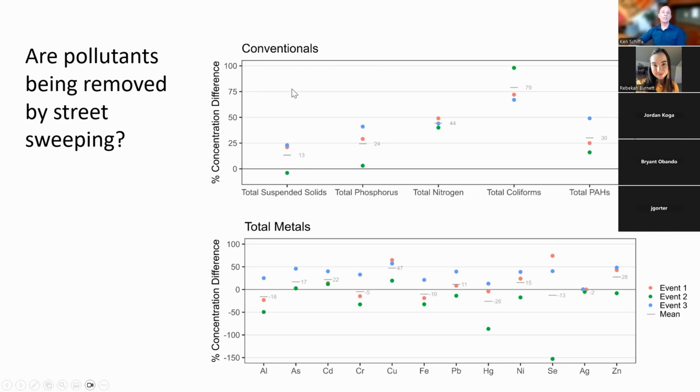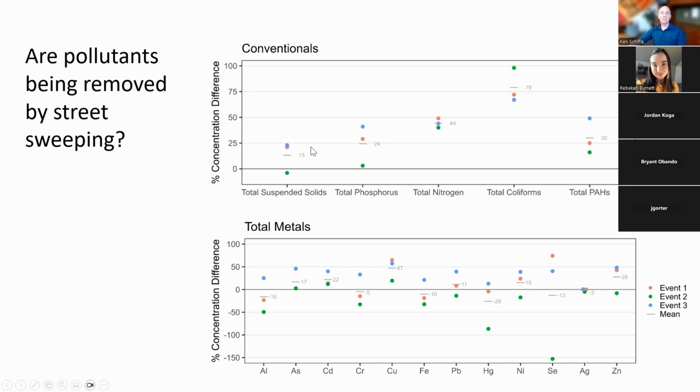So anything in the positive direction is a removal. Anything in the negative direction is essentially an addition, where the swept is higher than the unswept. I told you for each of these we had 3 replicates. The gray line is the average.